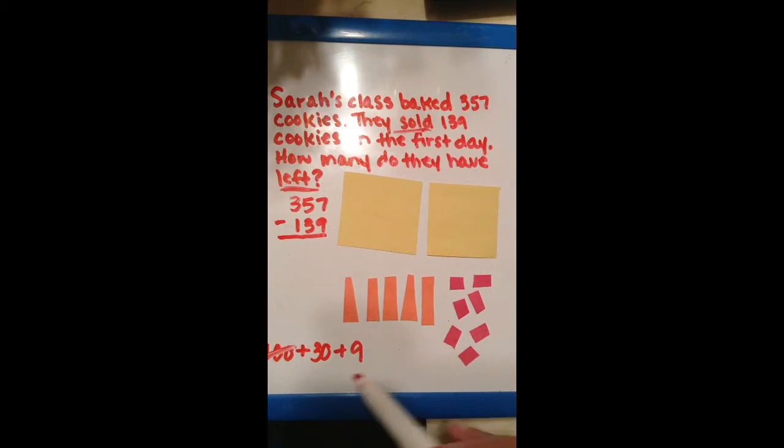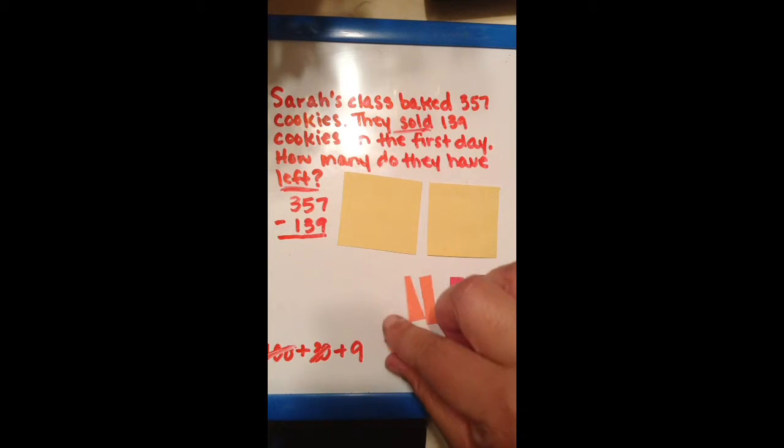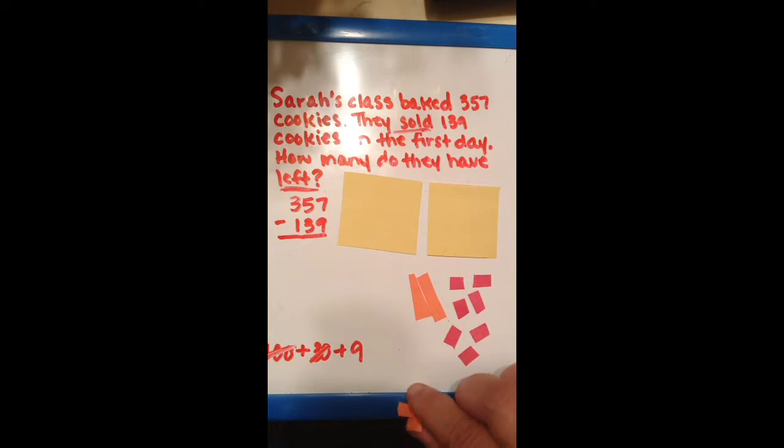In 30, we can find 30 and take 3 10s away. And 9, we have 9 units. We need to take away 9 units, but let's see how many units we have. 1, 2, 3, 4, 5, 6, 7.